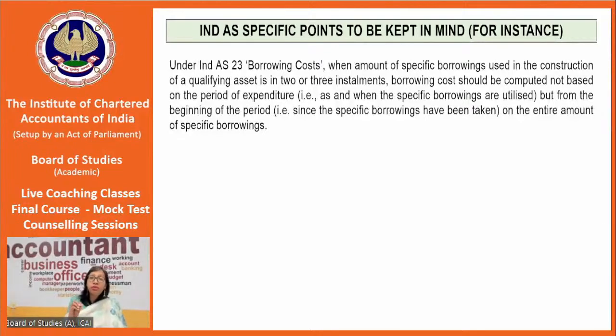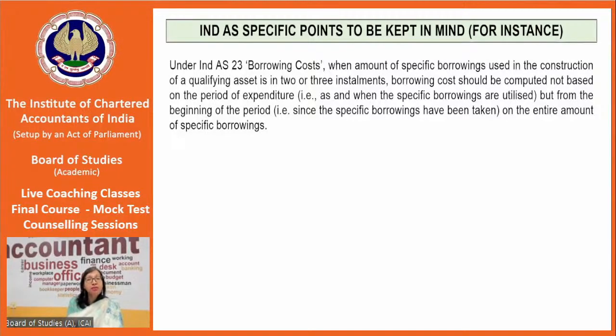In case of general borrowing, on the expenditure we incur for construction of a particular qualifying asset, we apply the capitalization rate, and on the basis of that capitalization rate we calculate the borrowing cost.